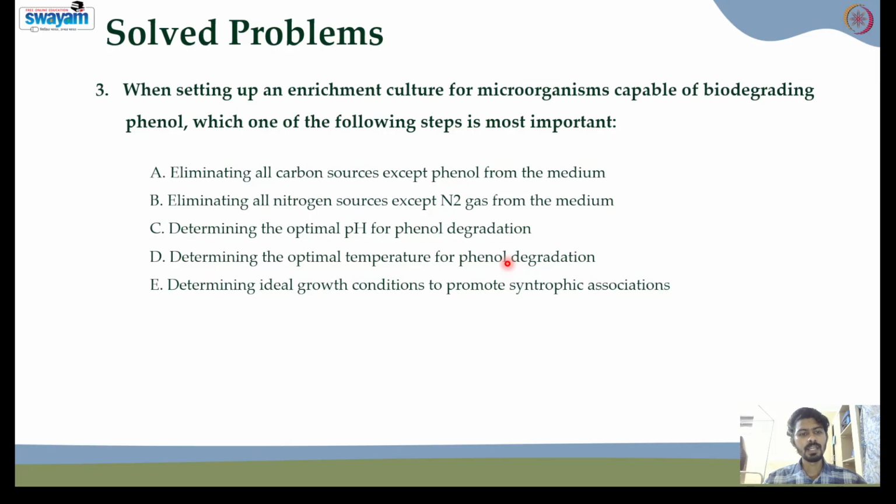Option A, eliminating all carbon source except phenol from the media. Option B, eliminating all nitrogen source except nitrogen gas from the media. Option C, determine the optimal pH for phenol degradation. And option D, determine the optimal temperature for phenol degradation. Option E, determine the ideal growth condition to promote syntrophic association.